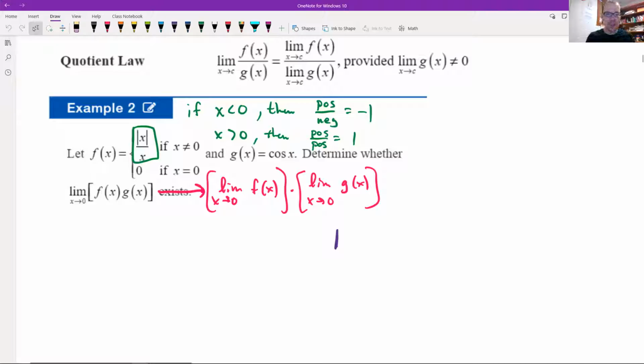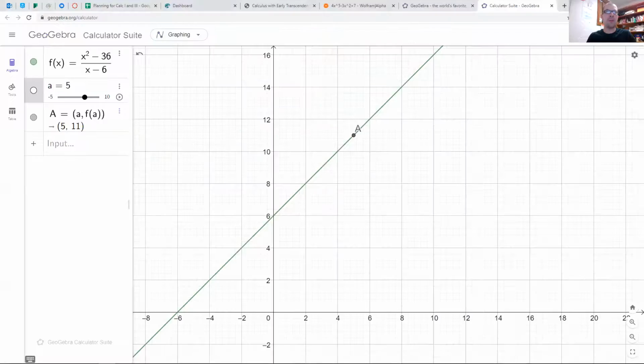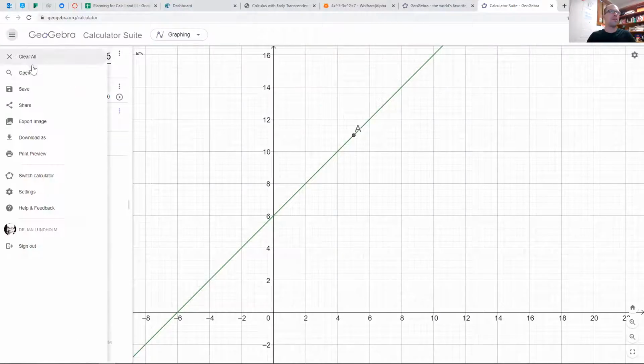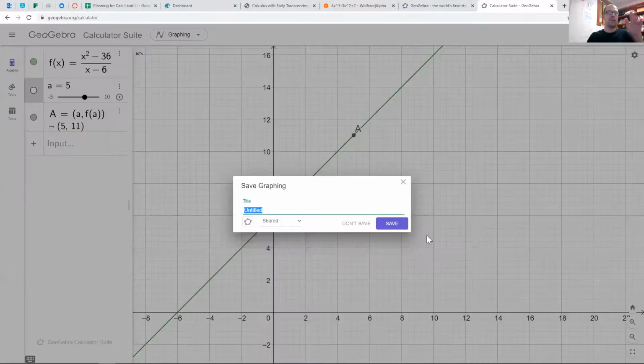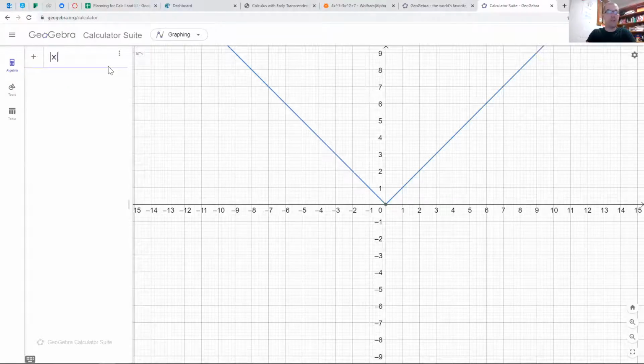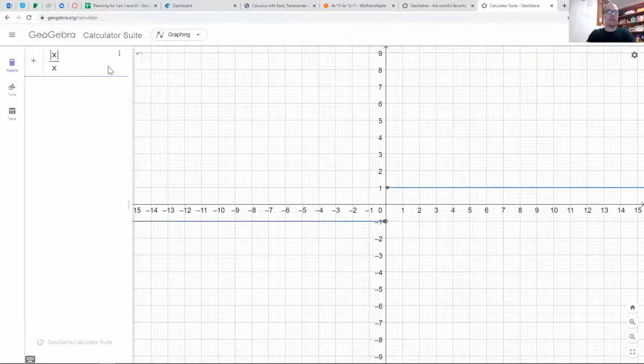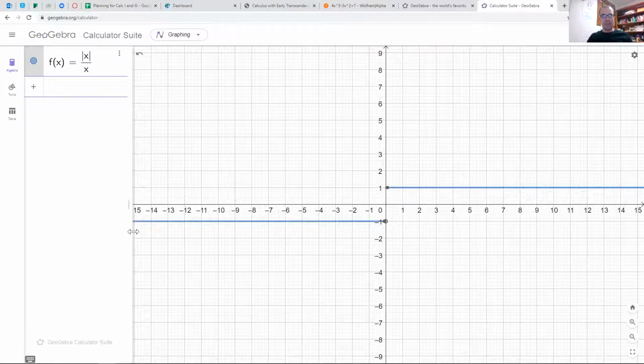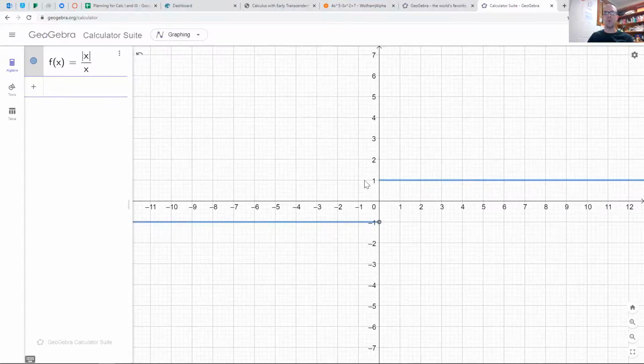And let me show you on GeoGebra just to make sure we're all on the same page here. Let's clear that. Don't save. Absolute value of x divided by x. From the left-hand side, everything is -1. From the right-hand side, everything is 1.